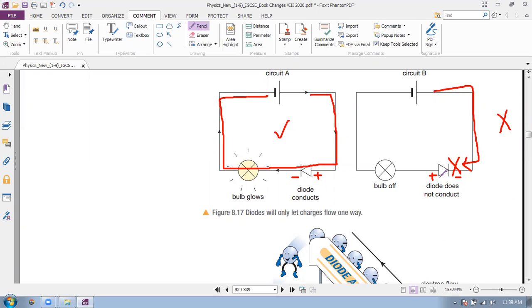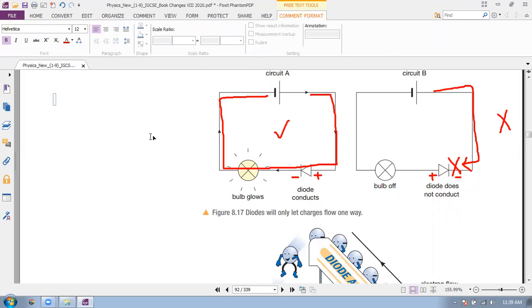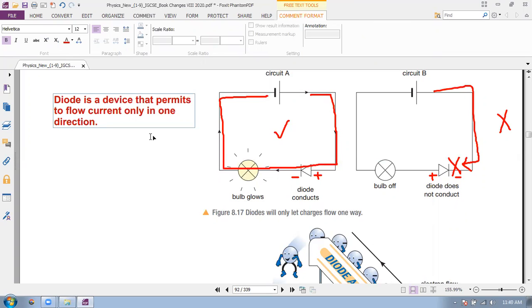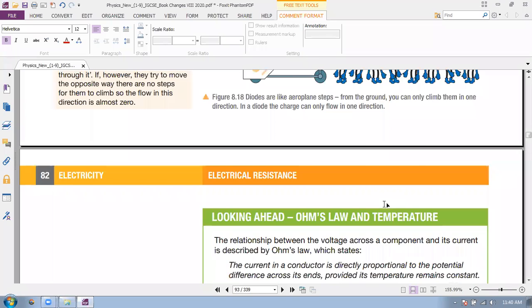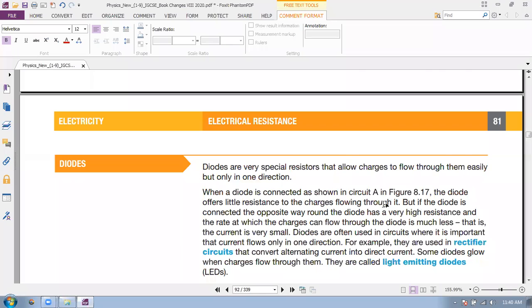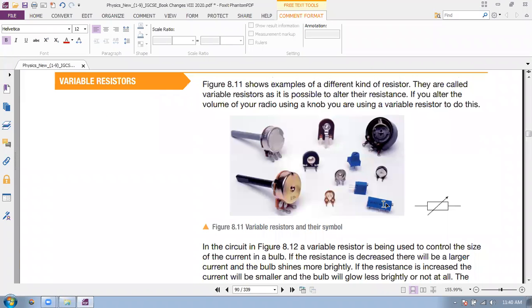What a diode does is permit current to flow only in one direction. That is the function of a diode.